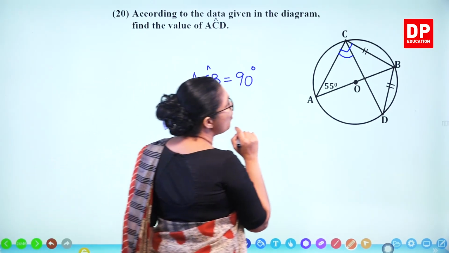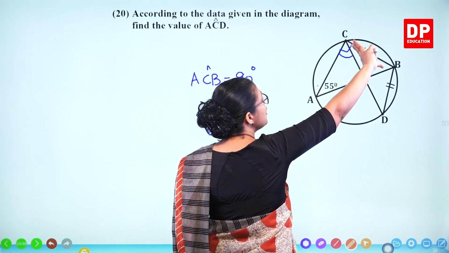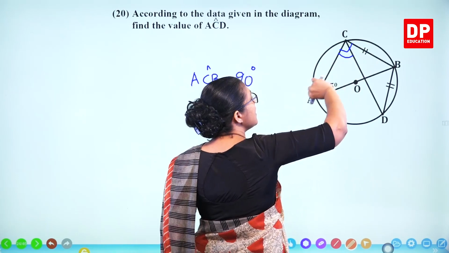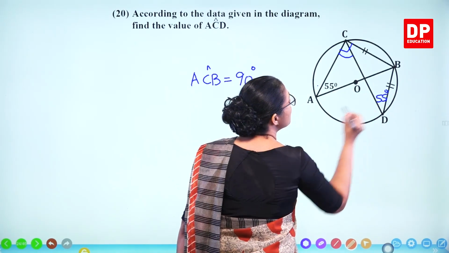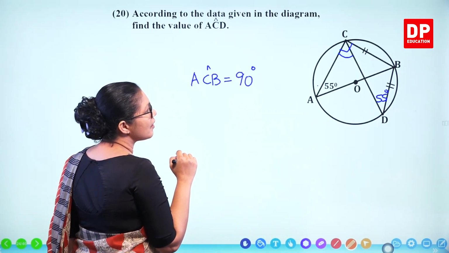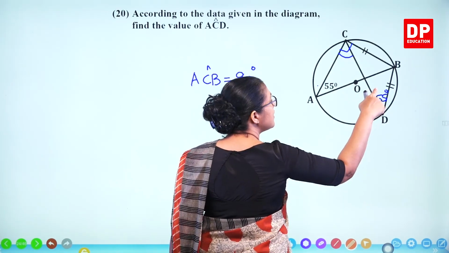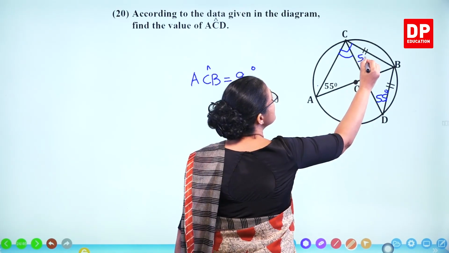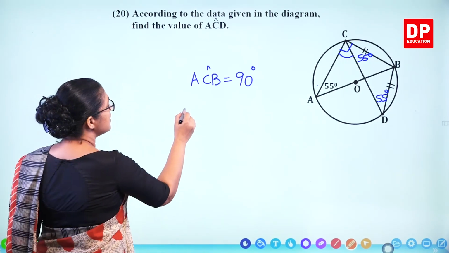And what else you know? Same segment angles. Can you see? When you take BC, same segment angles are equal. So this is 55. And this is an isosceles triangle. If this is 55, this is 55. So what's the ACD angle?